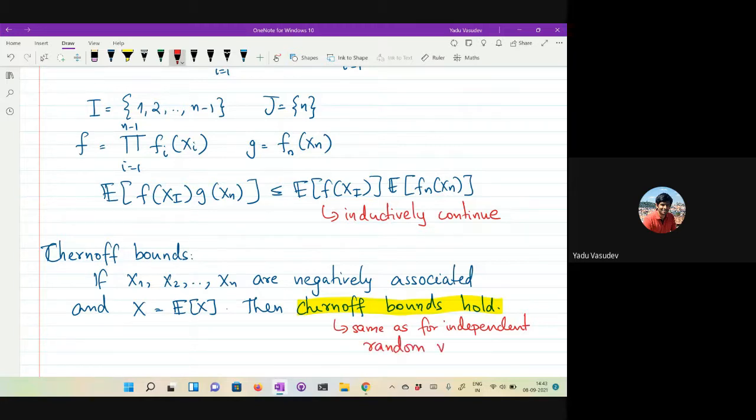Let's assume that these are 0, 1 random variables. So it's as though they were independent random variables. The same bounds will hold.